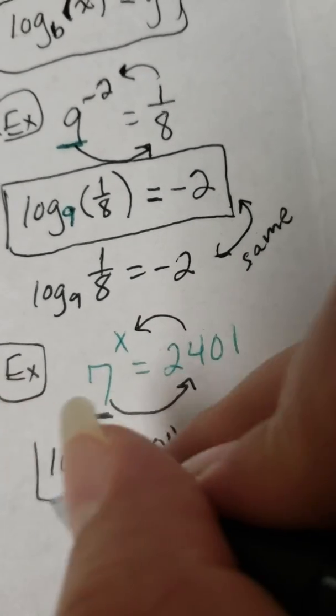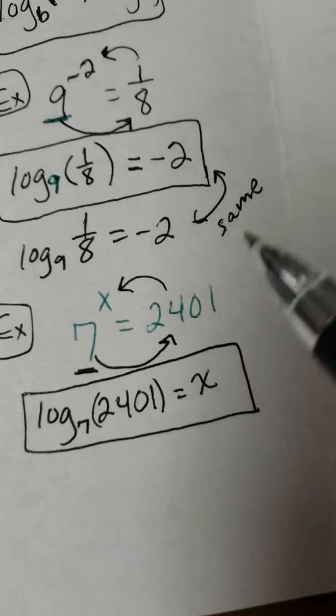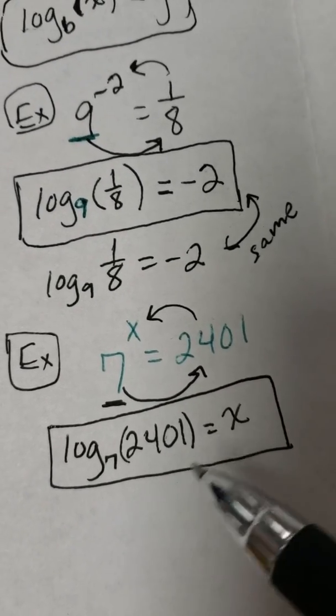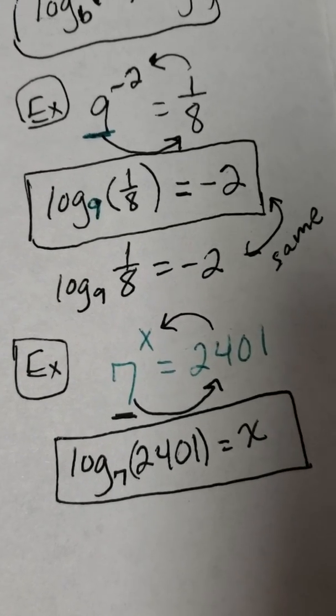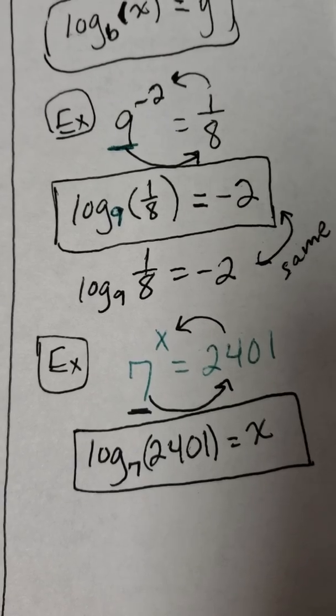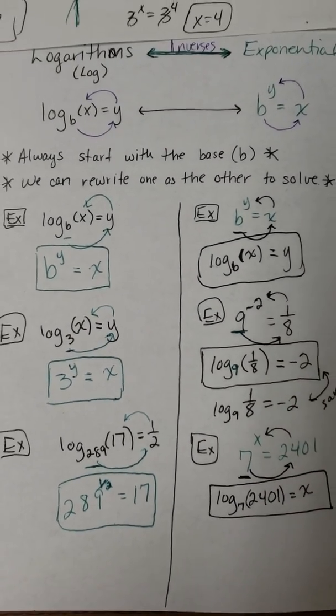Because we're just dealing with individual numbers, like 2401 is an integer and x is just one entity, I can get away with the parentheses or not. But later on, we'll see that you do have to put parentheses in certain cases. So that's rewriting logarithms using the inverse property.